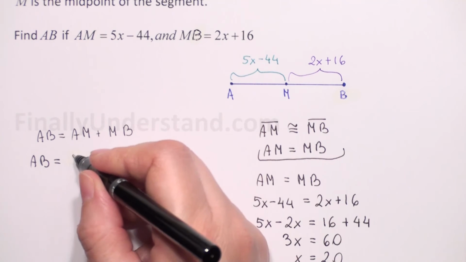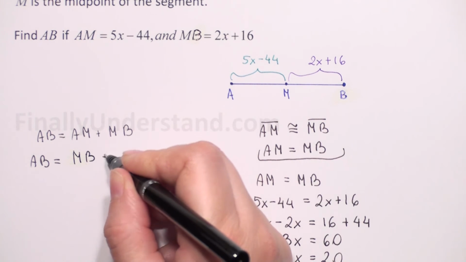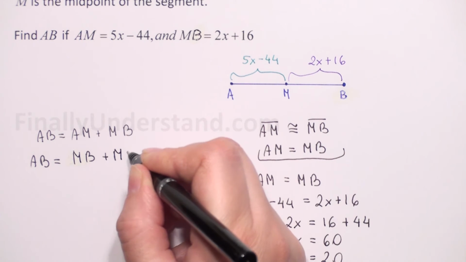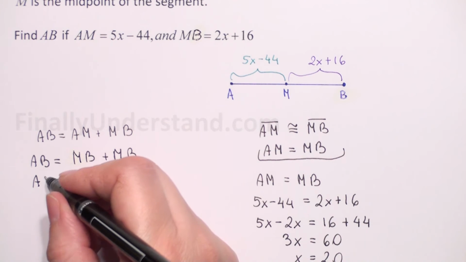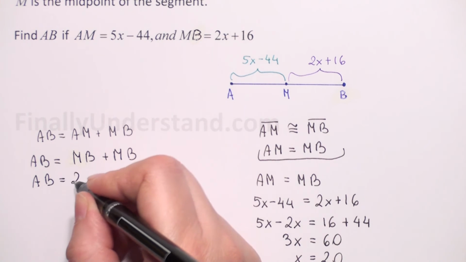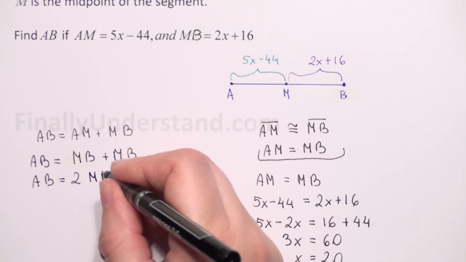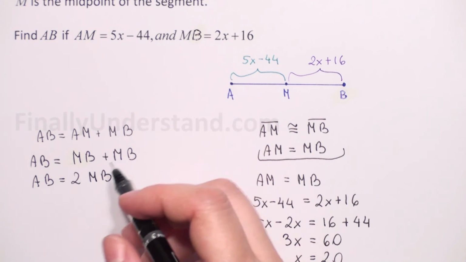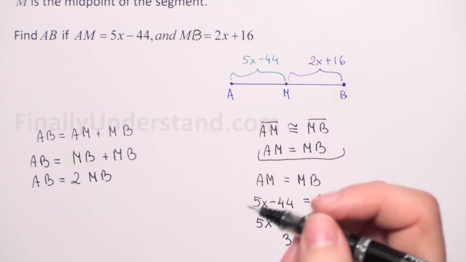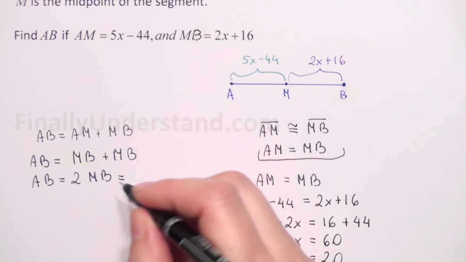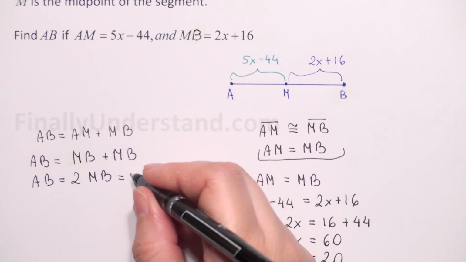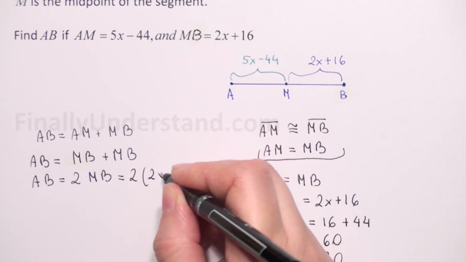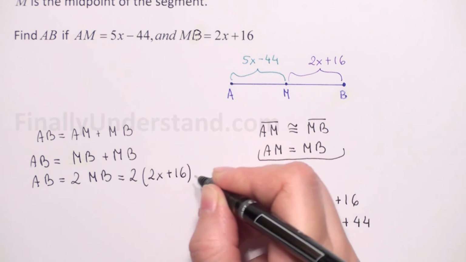So our length of AB is equal to 2 times MB, because MB plus MB is 2 times MB. What else? MB is 2x plus 16, so we have 2 times (2x plus 16).